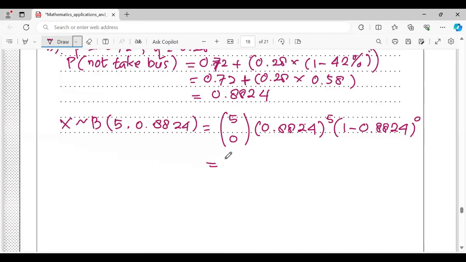So the result is 0.534. Sorry, this is 5 times 0.9676, and so on, and approximately becomes 0.535.